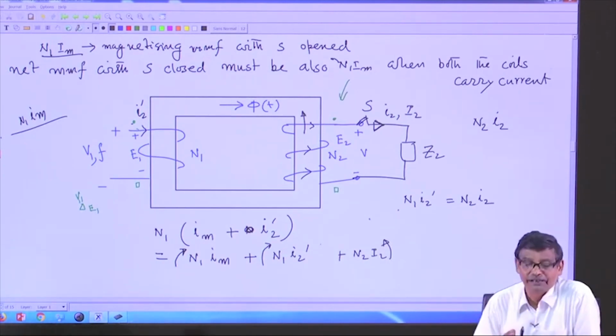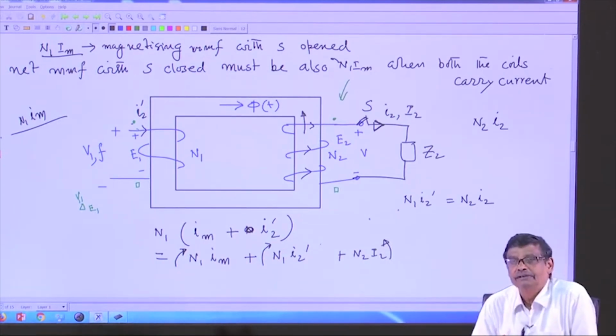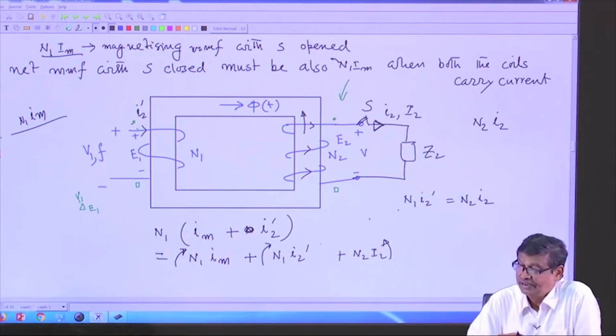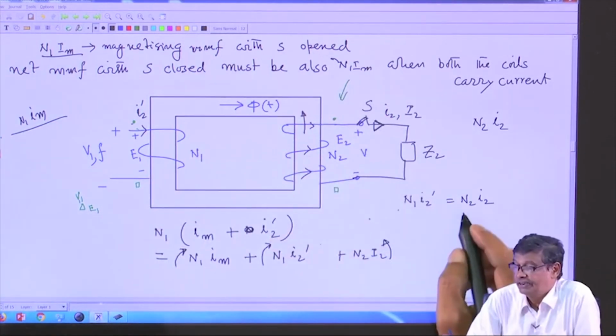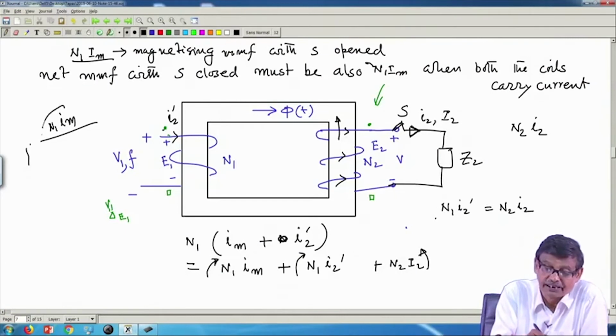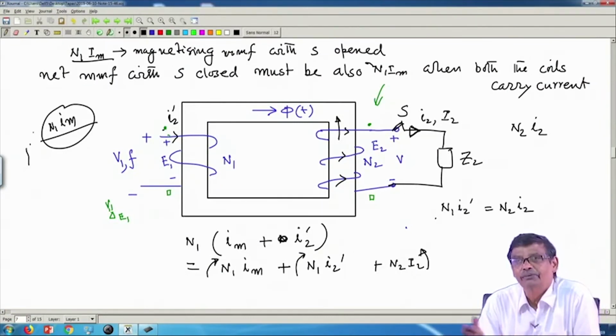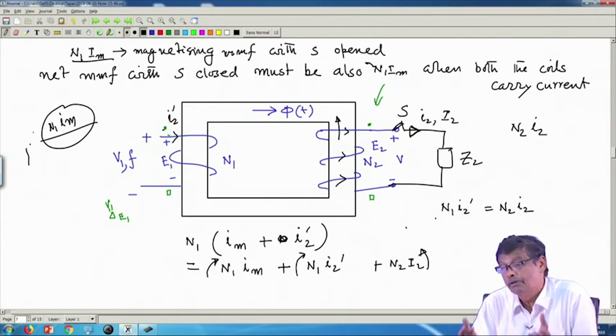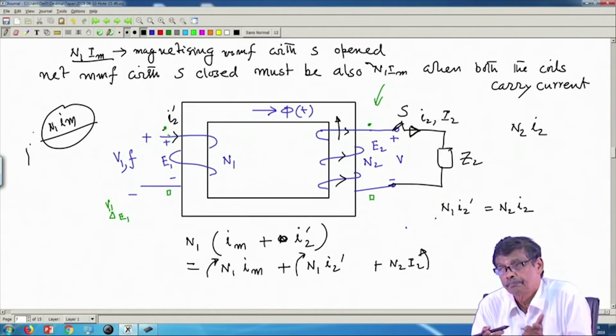So, what is the thing going on? Initially, the net MMF in the transformer was N1 Im. I am telling with S closed, once again the net MMF has to be N1 Im.